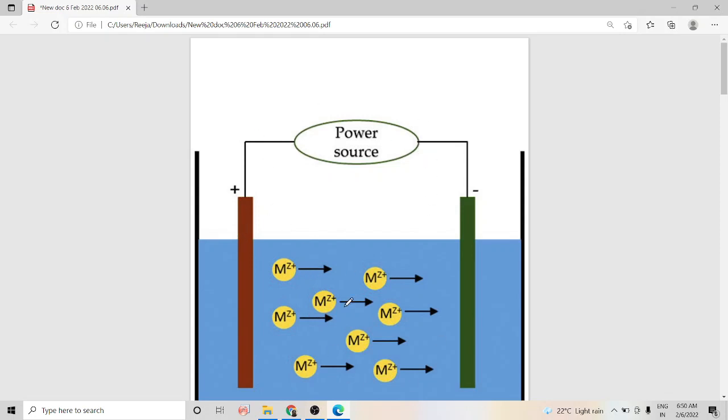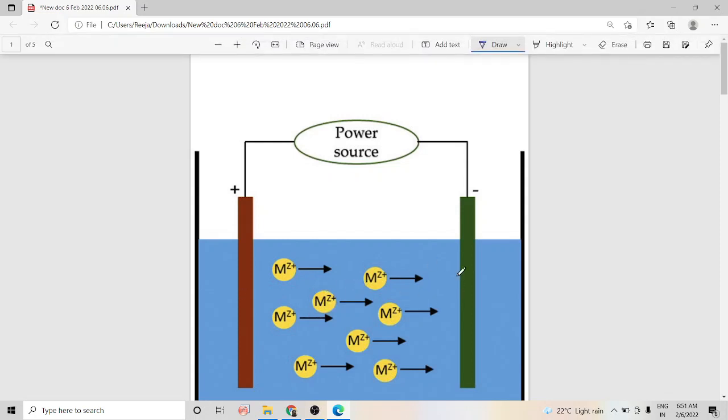In this process, the liquid ionizes, and the ions formed, depending on their charge, move to their respective electrodes, that is, positive ions towards the negative electrode and the negative ions towards the positive electrode. And by suitable arrangement of the substrate, you arrange the substrate at some position so that these positive ions will deposit on the substrate and coat it to form thin film structures.